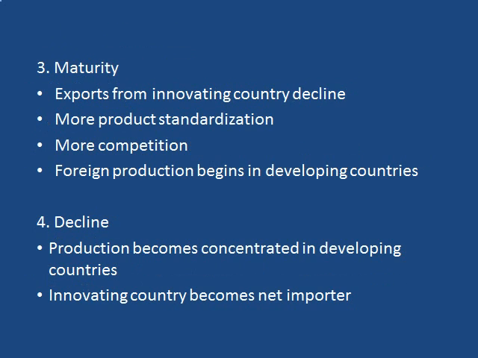Phase 3, maturity. Exports from the innovating country decline. There's more product standardization. There's more competition. Foreign production begins in developing countries. Phase 4, decline. Production becomes concentrated in developing countries, and the innovating country becomes a net importer of the product.